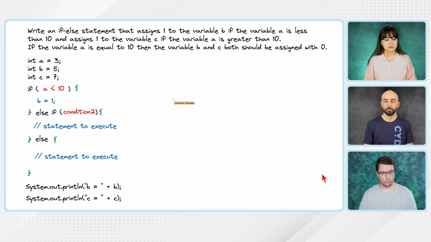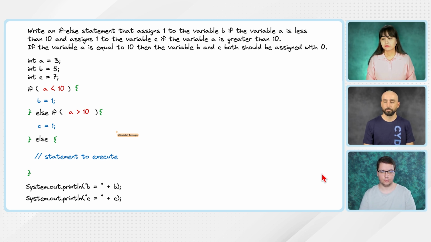But if this condition is not true, then there is another condition that I can also check, which is condition 2, which says to assign 1 to the variable c if the variable a is greater than 10, right? So the second condition is a is greater than 10. This is my second condition, and the statement, as it says in the question, is to assign 1 to c, and the rest will be about if none of the conditions are true, right?